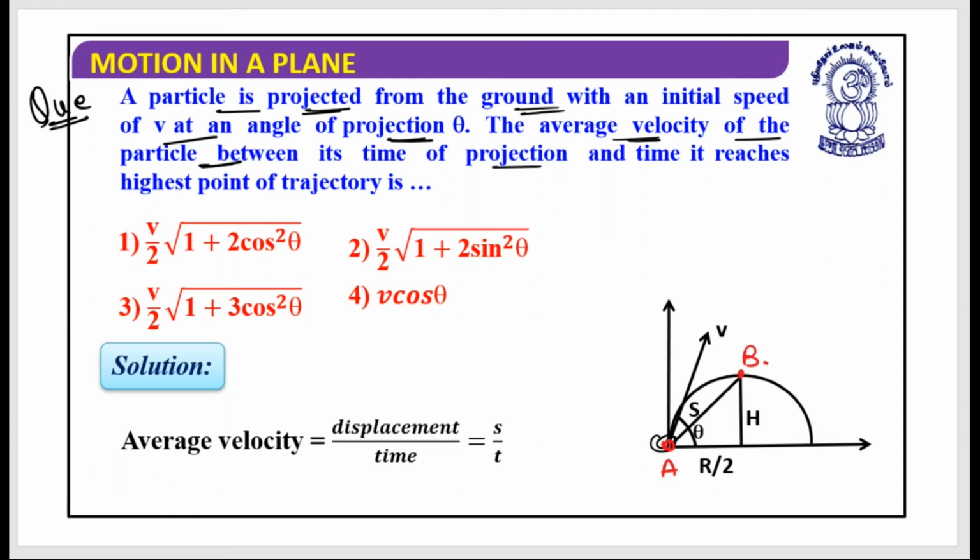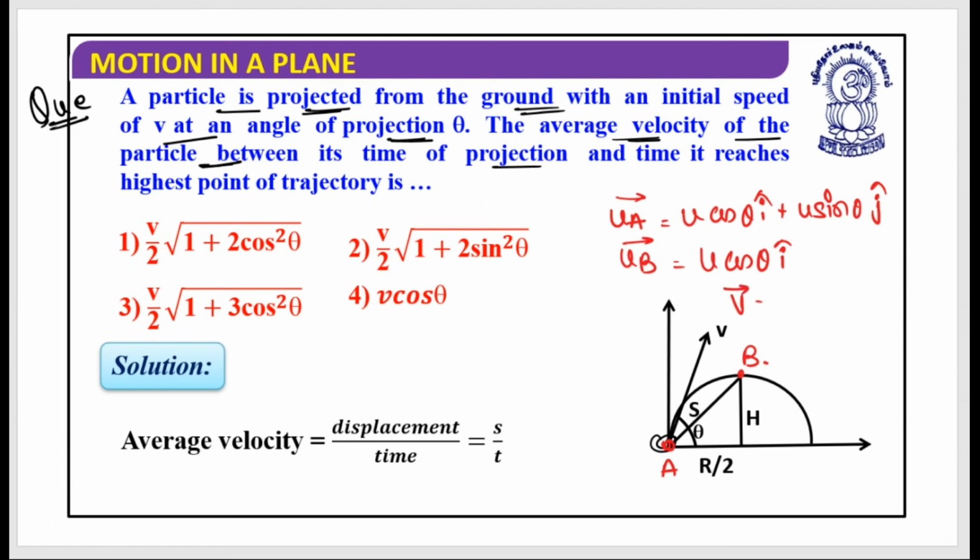So we have done it with one approach, where you calculate the velocity at position A and at position B. I am talking about uA and uB. uA equals u cos theta i cap plus u sin theta j cap, and uB is again u cos theta i cap.